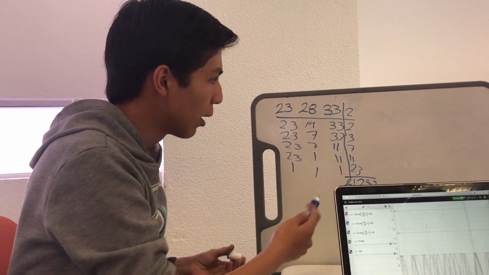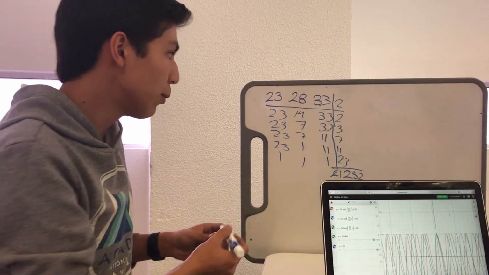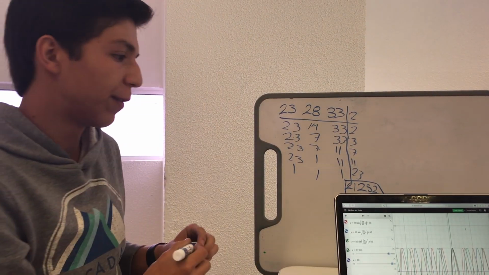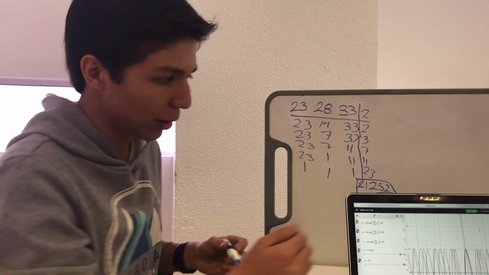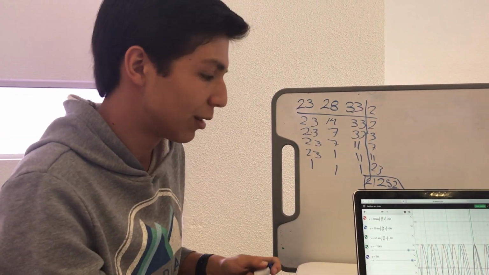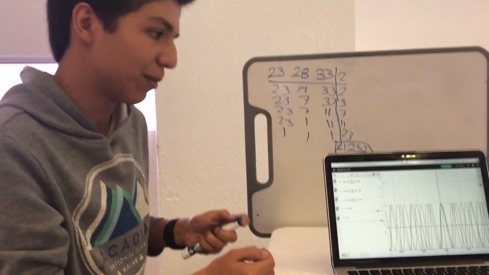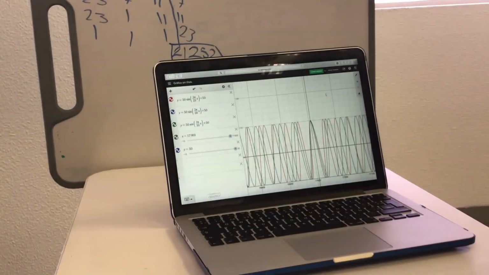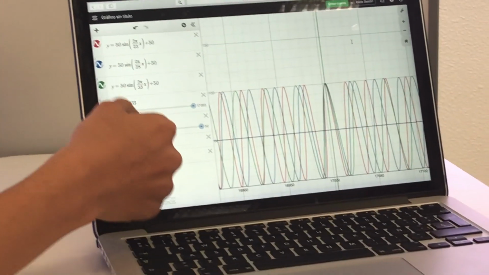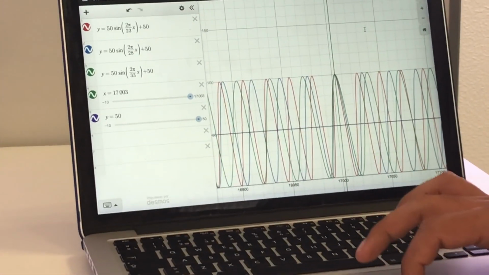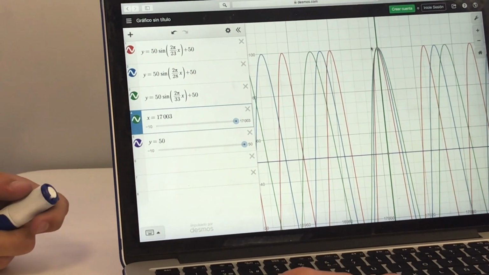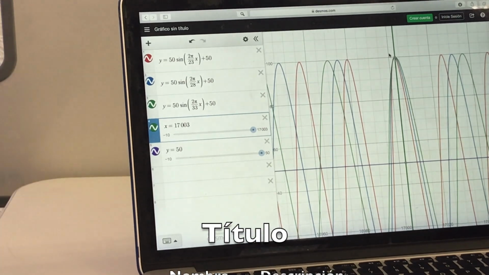As we can see here, we do the table and get the number 21,252, and we check all over the graph, and we saw that the 3 graphs touch the 100% at the same time, as you can see at 17,003. And we can see that at this point it touched the 3 graphs.